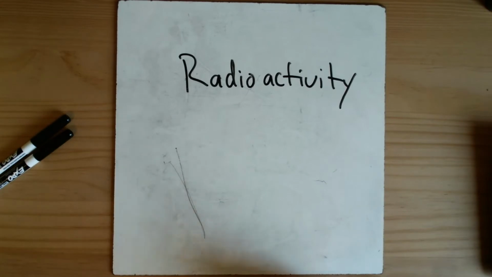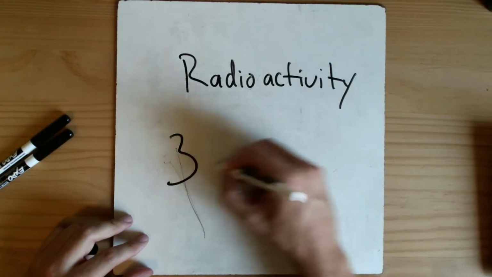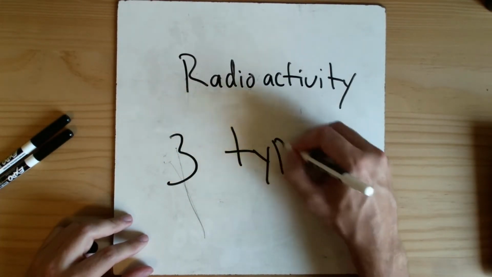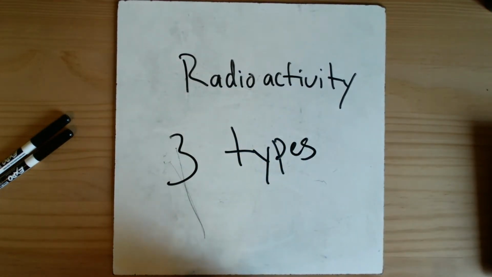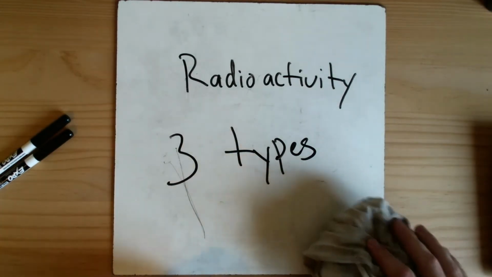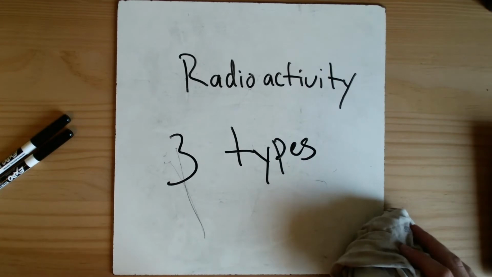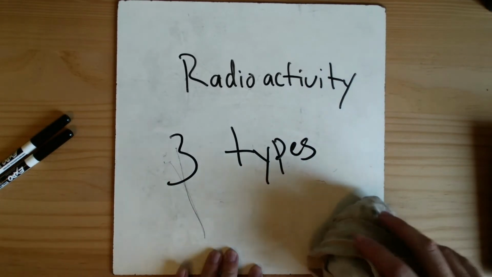Now, when we're discussing radioactivity, we need to take into account that there are 3 major types of radioactivity that you're going to be dealing with. Some things will emit more than one type, but you should be familiar with our 3 different types of radioactivity, and you're going to be doing an assignment based on those 3 different types this week.